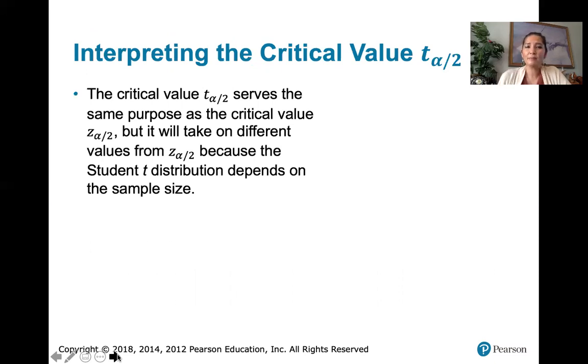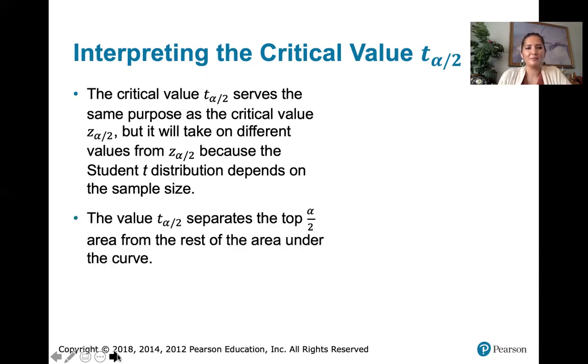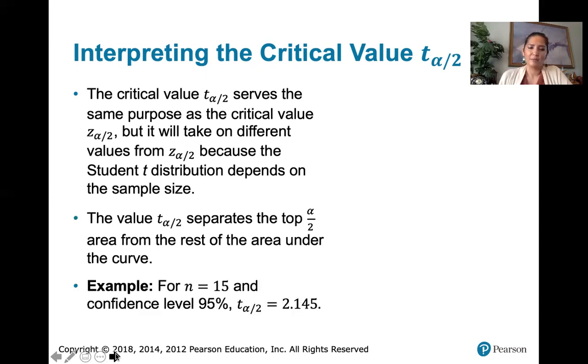Now, this serves the same purpose as the critical value z sub alpha over 2, but it takes on different values because the student t distribution depends on the sample size. So the value t sub alpha over 2 is going to separate that top alpha over 2 area under the curve from the rest of the area under the curve. Just for example, if n is equal to 15 and we're dealing with a 95% confidence interval, t sub alpha over 2 turns out to be 2.145.